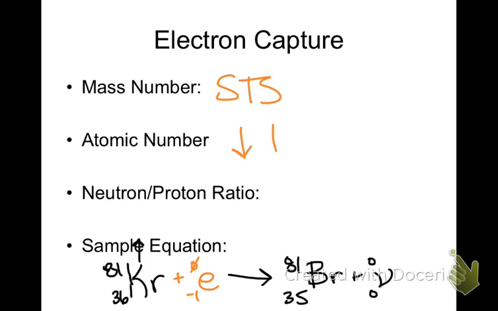So I start with 36 protons, and 81 minus 36 is, oh, sharp, quick math, 45. So quite a bit over 1.